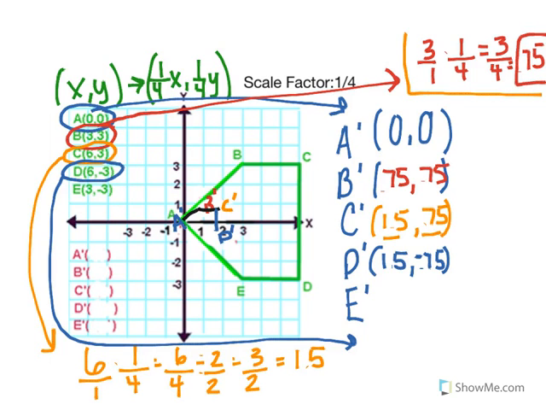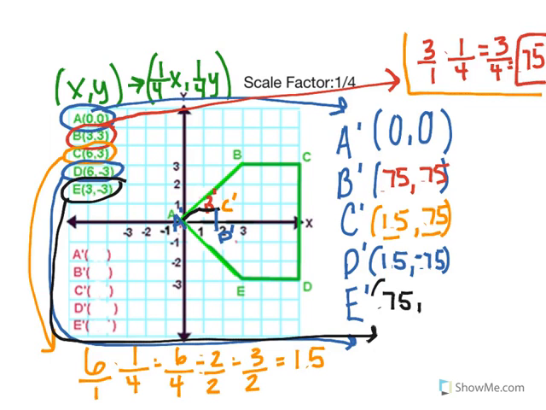So then when we go to transform E, it says that we're going to multiply each of those coordinates by 1/4. We've already done that. We've taken 3 and multiplied it by 1/4, and we got 0.75.